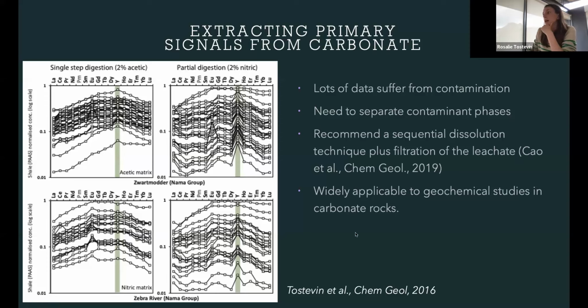So I think this is pretty robust now, that it's really important to use this partial digestion technique. And I think a lot of the older data in the literature that weren't using this technique potentially have suffered from significant clay contamination, which would have obscured any cerium anomalies if they were present. They're not present in this case, regardless of the method used.